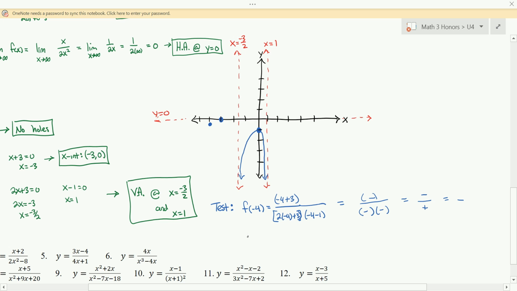What's happening at -2? Is it going to be a positive or a negative? Just be careful that you think through that.